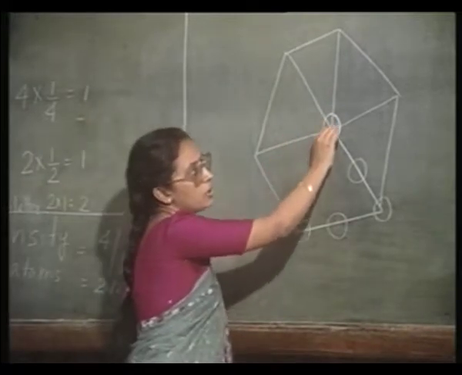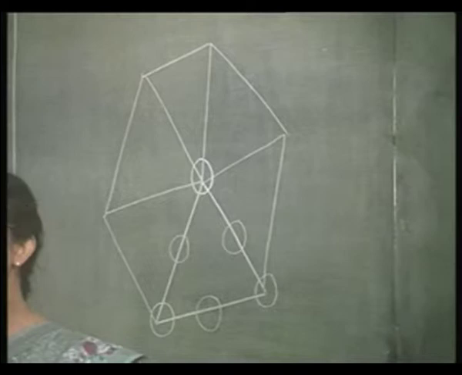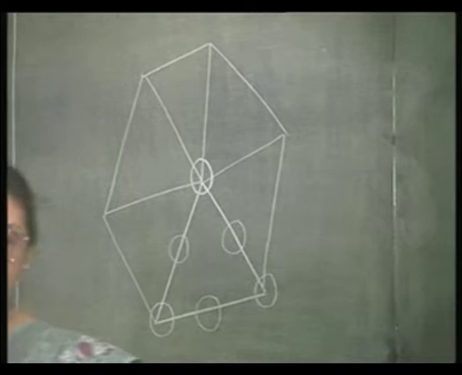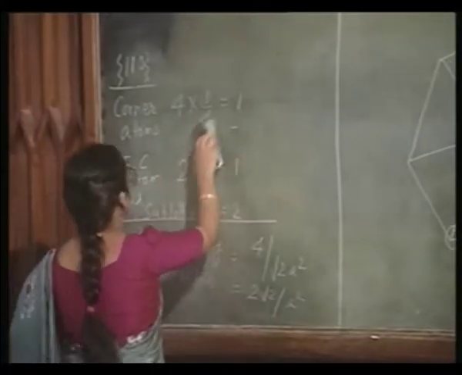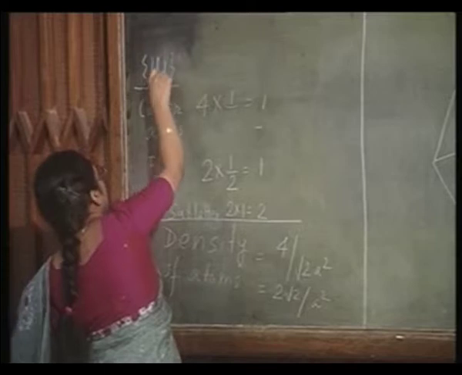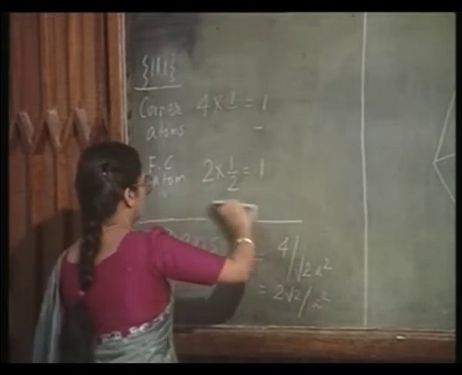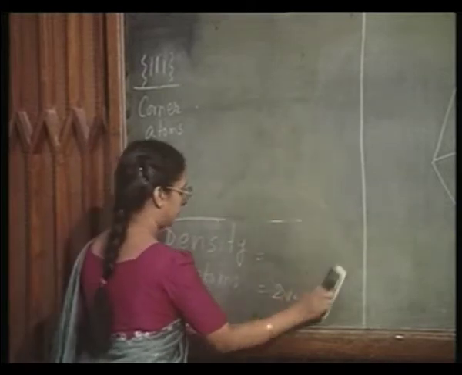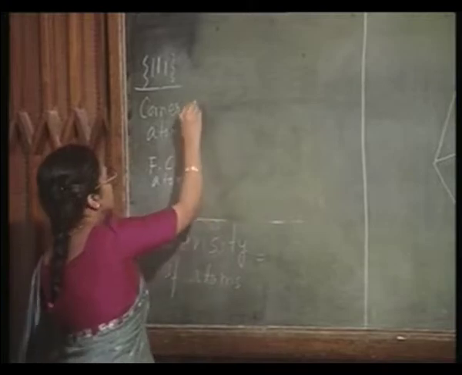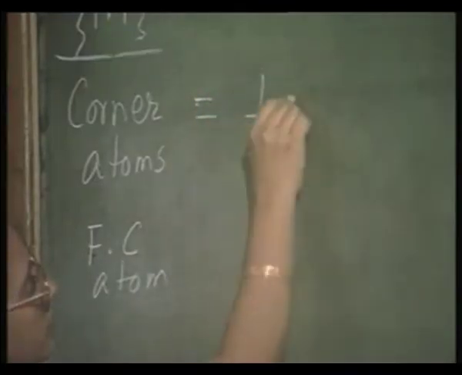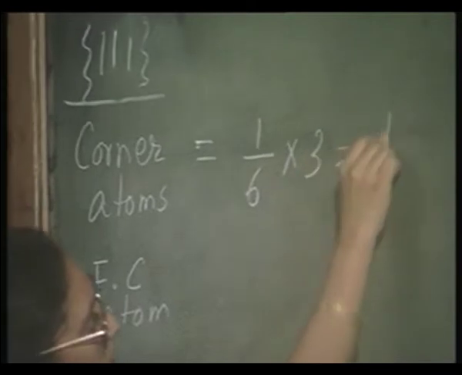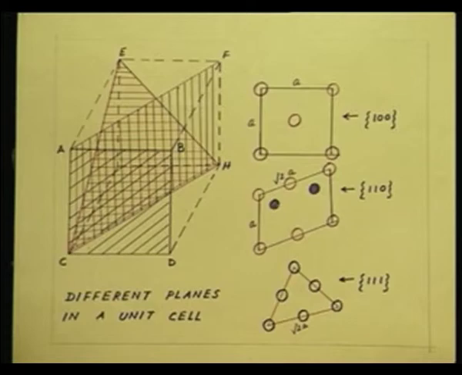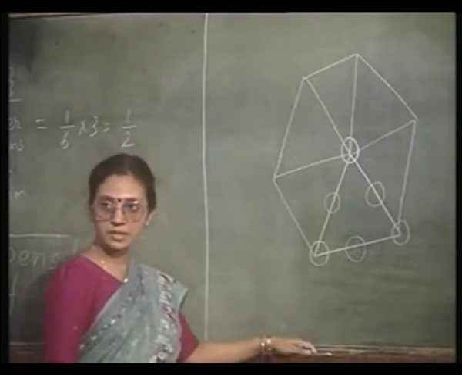So, each corner atom is shared by 6 111 planes. There are 3 such corner atoms, each is shared by 6 planes.